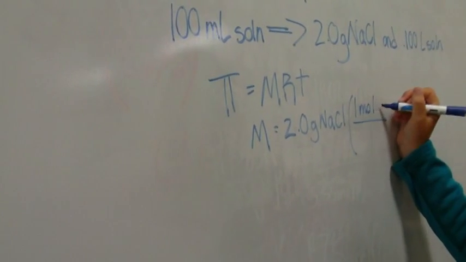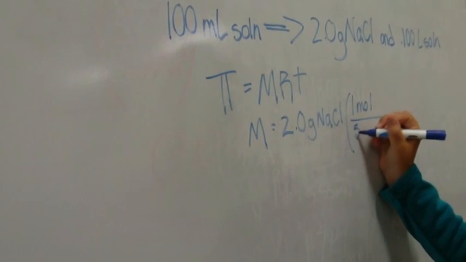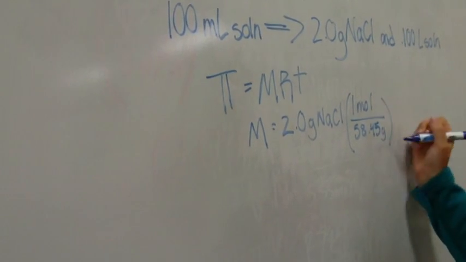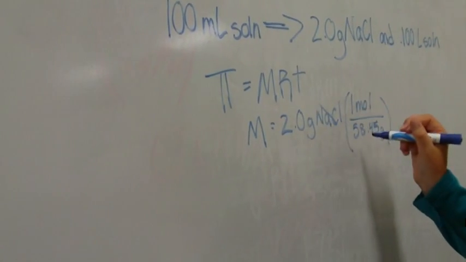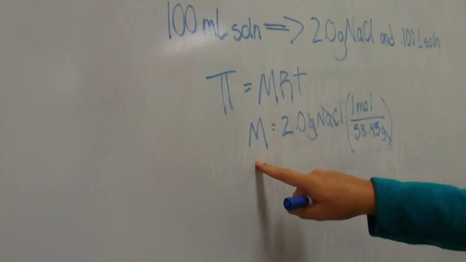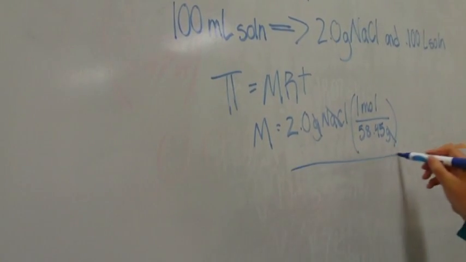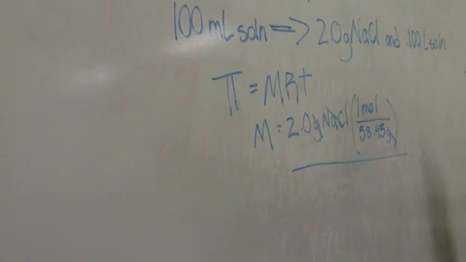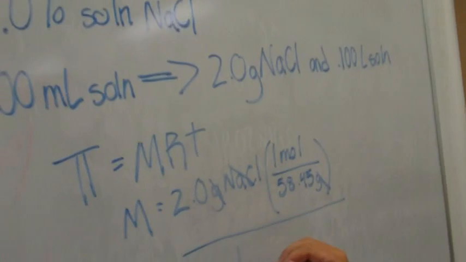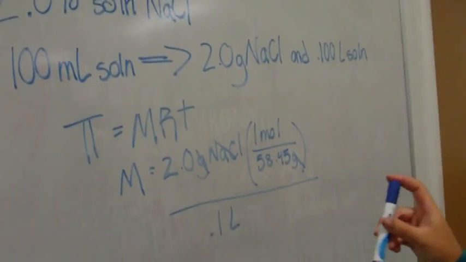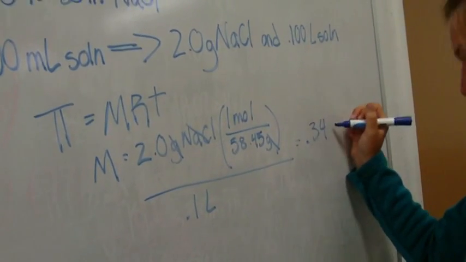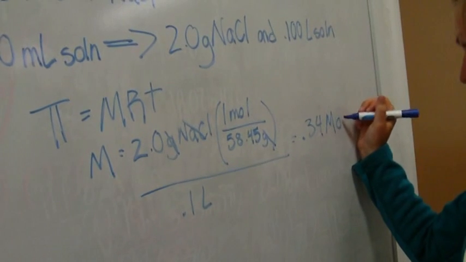You know that 1 mole has 58.45 grams. The grams cancel out, and we're left with moles. Remember, molarity is moles per liter. So if we divide the amount of moles that we get by 0.1 liters, then we get our molar concentration, which is 0.34 moles.